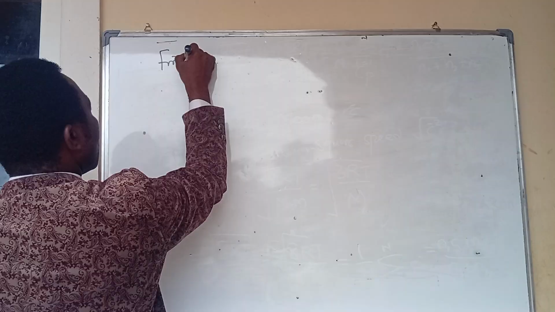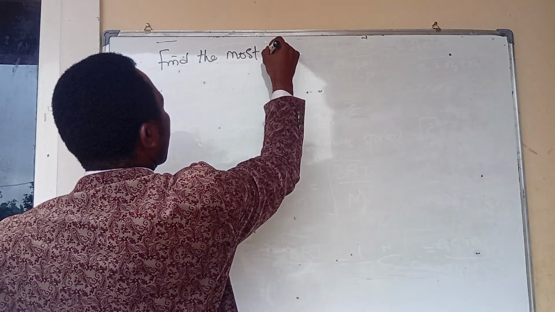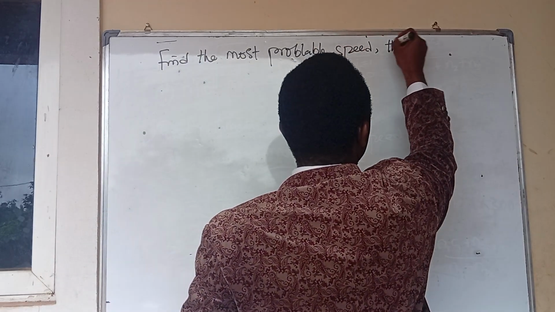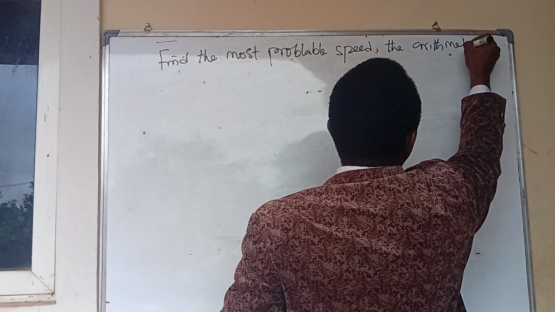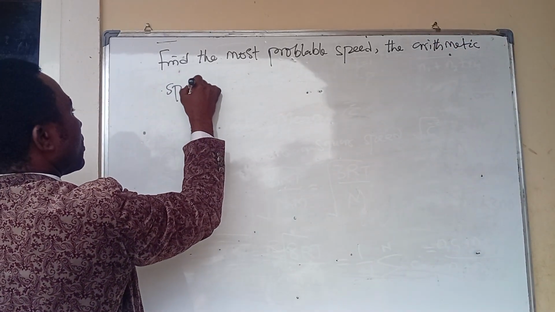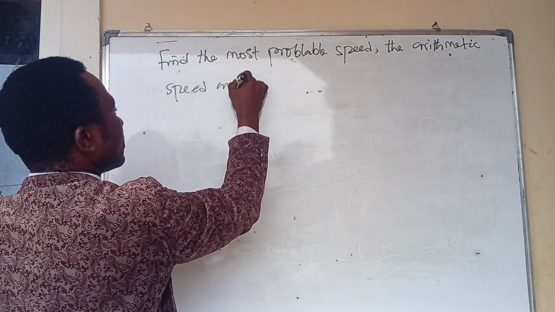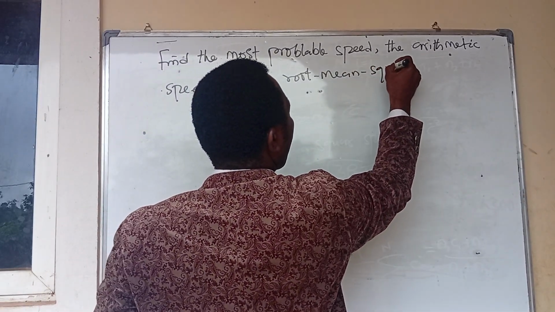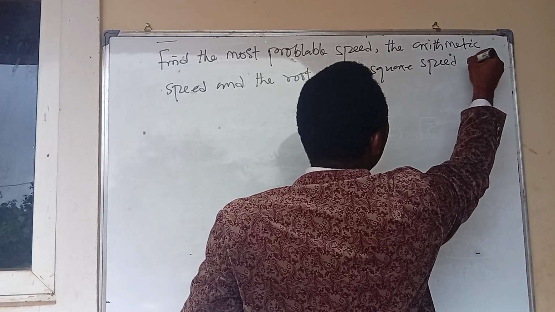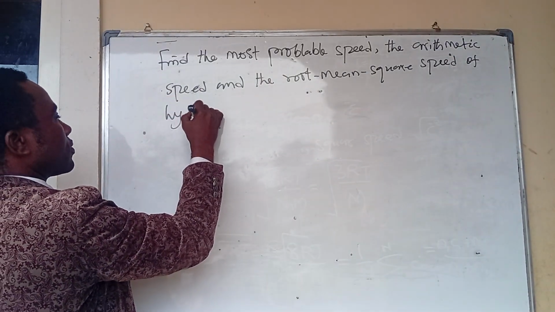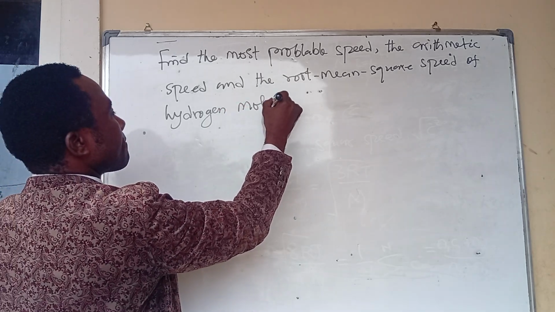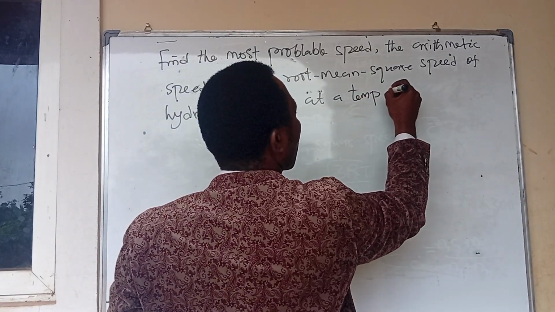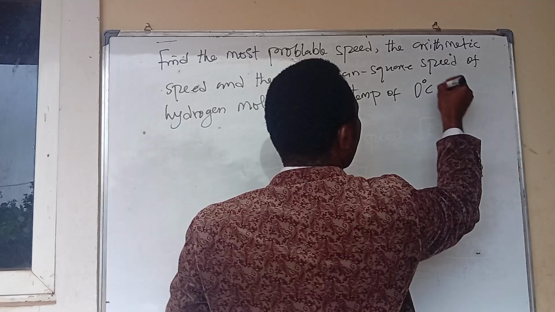Find the most probable speed, the arithmetic speed, and the root mean square speed of hydrogen molecule at a temperature of 0 degrees Celsius.